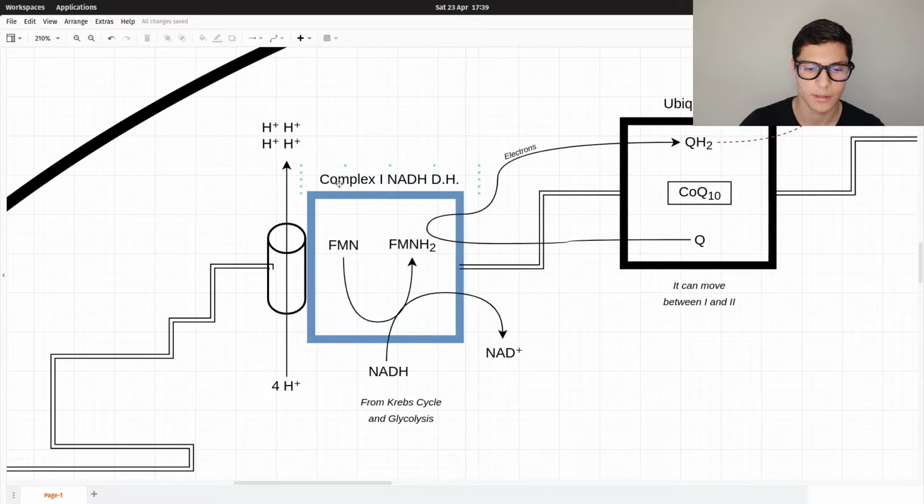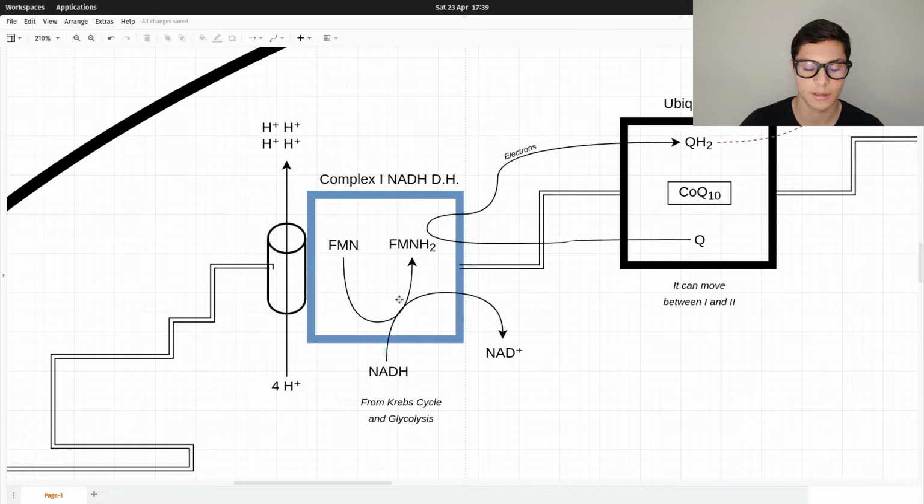This guy here is complex number 1, and it is called NADH dehydrogenase. Okay, what is that? Basically, it's getting NADH and creating NAD+. In the process, flavin mononucleotide gets converted into its reduced form, flavin mononucleotide H2.